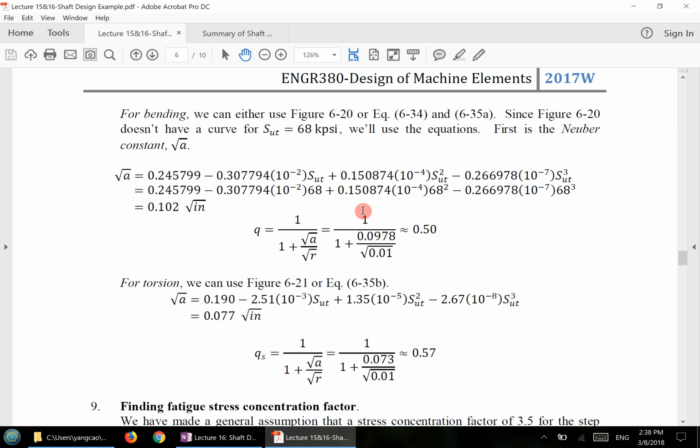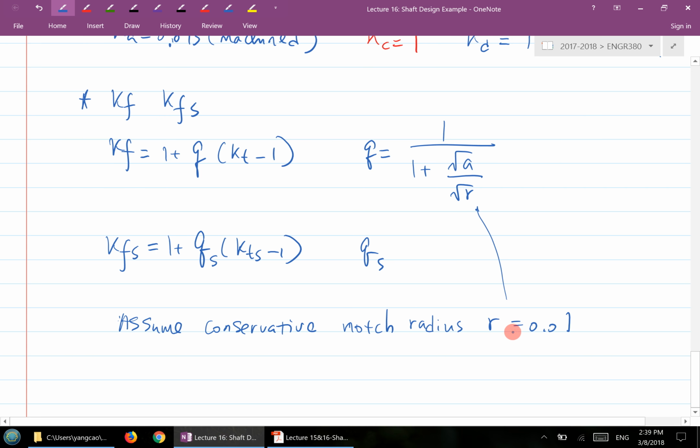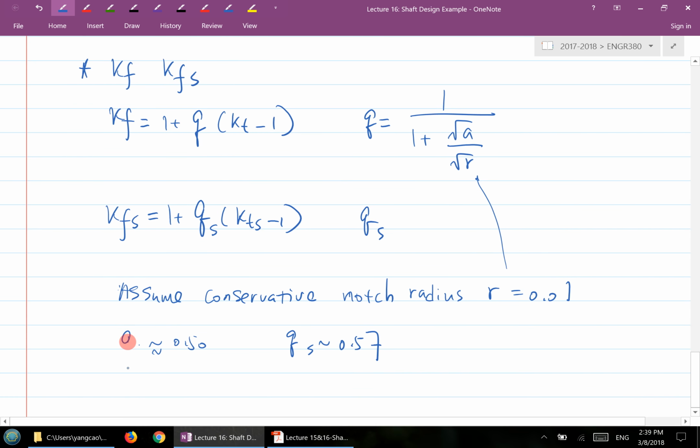Similarly, you can calculate the qs for the torsion. With the assumption of a conservative r, you will be able to get the q and the qs, approximately.